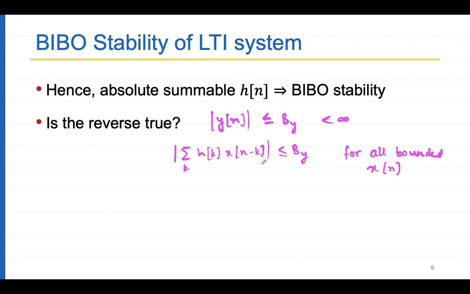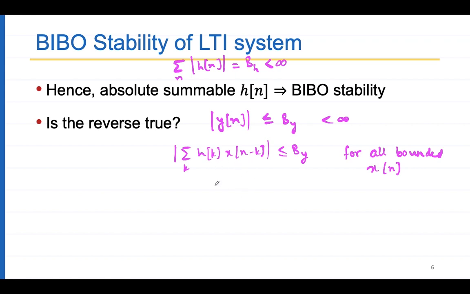So I can cleverly choose a value of x[n] so that I can prove that this sum is less than infinity.